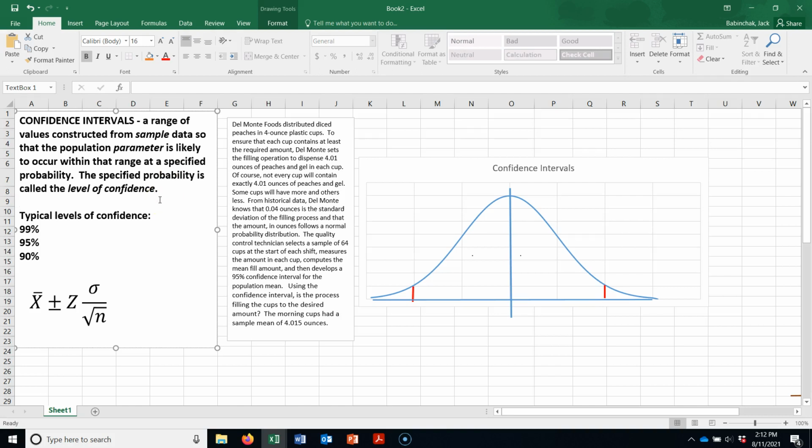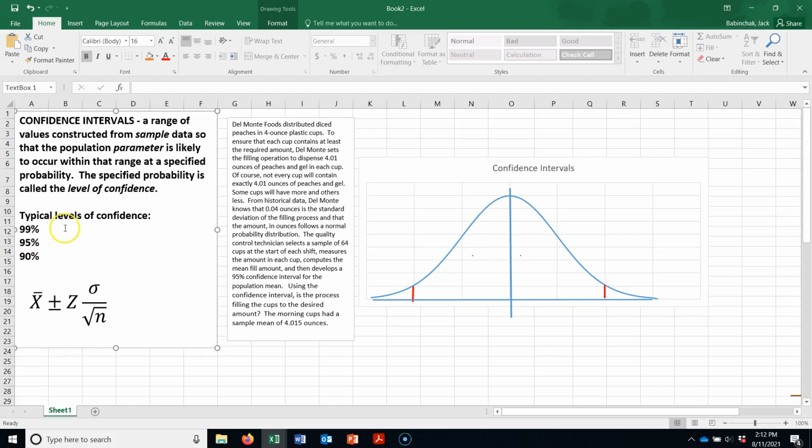So when we answer these questions, we're not just going to say the wait time for the customer is between this and this. We're going to say we're 95% confident, or 90% confident, that the wait times fall between these two numbers for the population, based on the sample that we took.